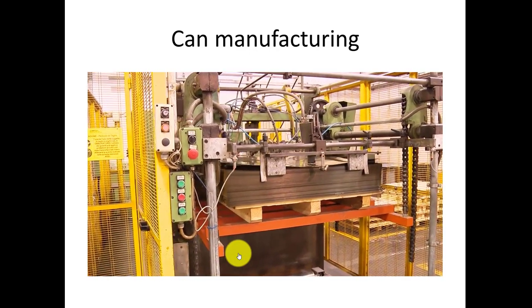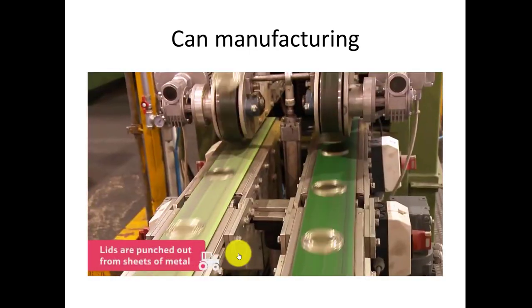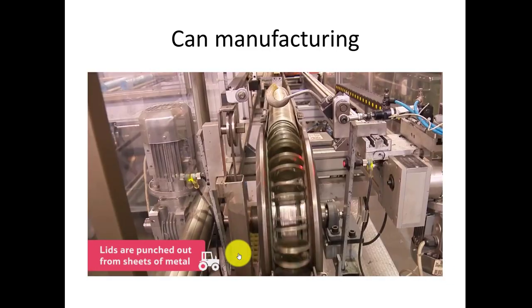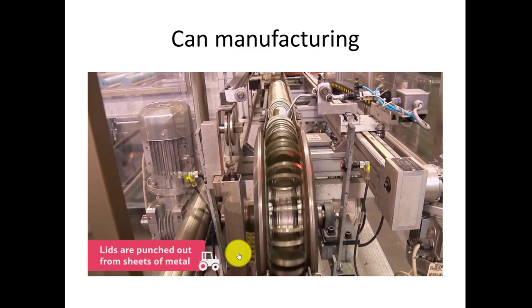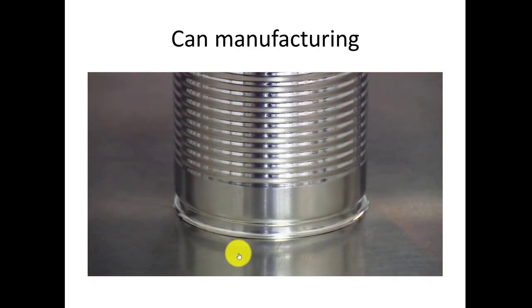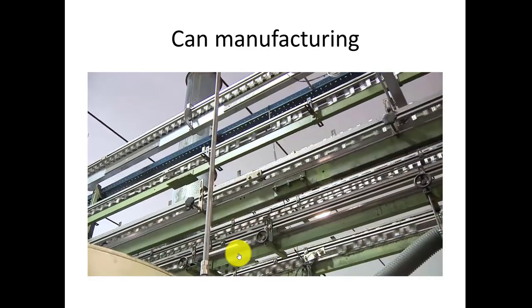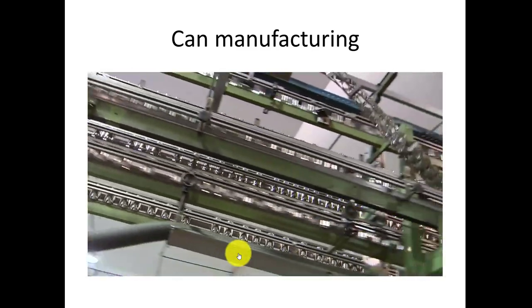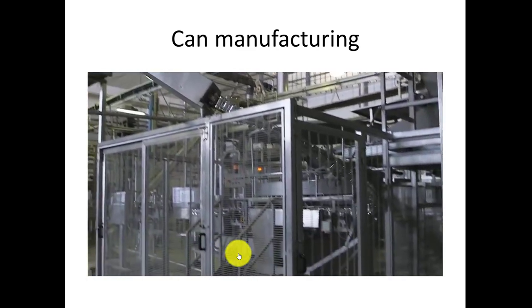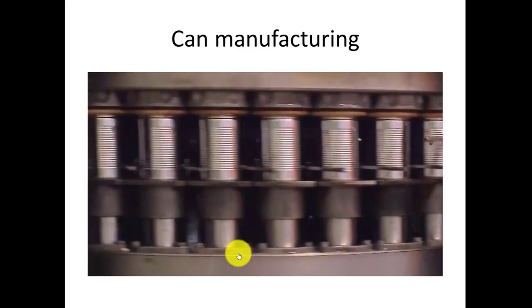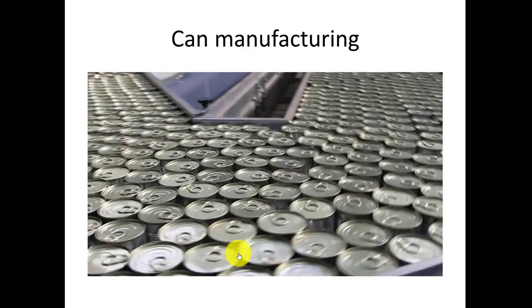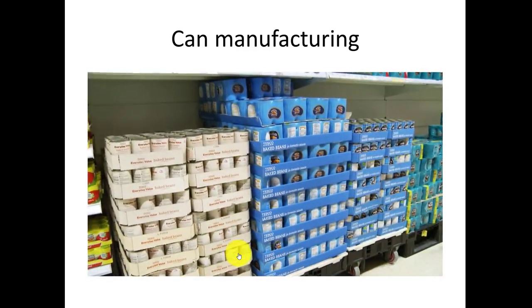Next, this machine makes the lids and bottoms by punching out the shape from sheets of metal, like this. Finally, once all the parts are made, the bottom is attached to the can using heat. The can is now ready to be filled with beans and the lid attached, ready to be delivered to stores for you to buy.